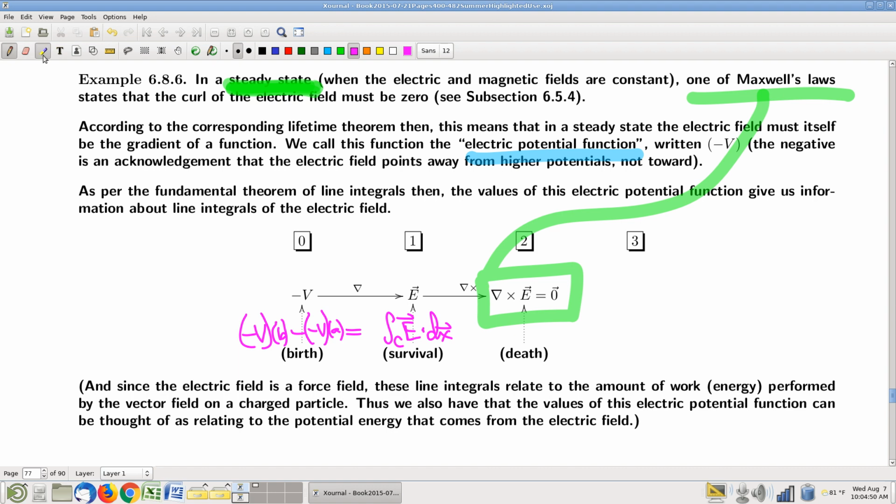And so you can see right here how this represents potential energy. This function, by virtue of its values, is telling you literally this line integral of an electric field. It's telling you work. That's what a line integral is. A line integral of an electric field says you're moving with a charged particle through an electric field. Therefore, you're exerting forces and expending energy. How much total energy is kept track of by the potential energy function.